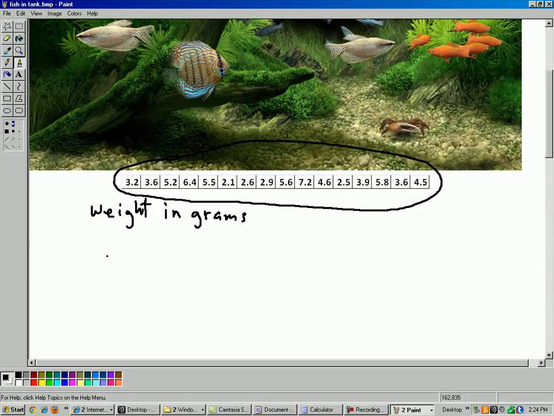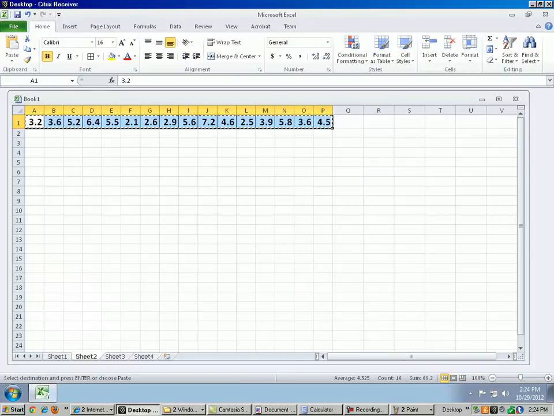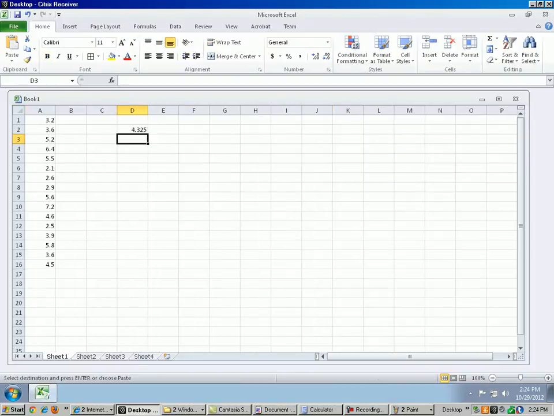Well, first of all, just out of curiosity here, what is the population mean of these fish? Well, I copied and pasted these 16 values into Excel. Let's get Excel up here. And here it is. So I copied and pasted the weights of the 16 fish right here, and I used the average command.